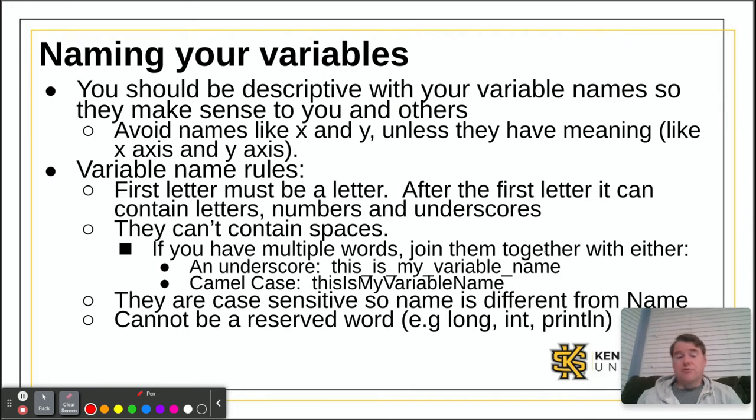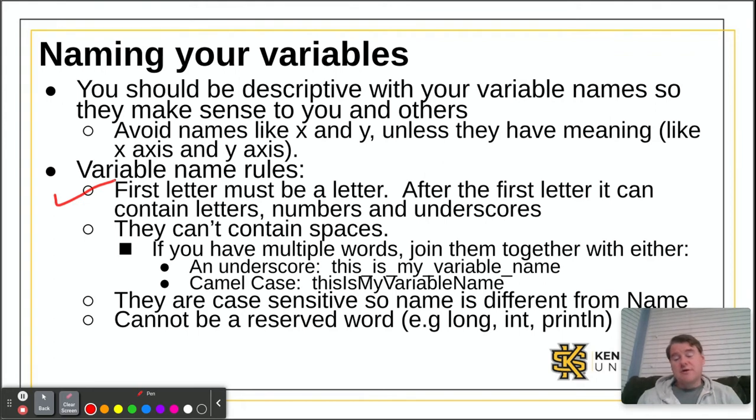So there are a couple of rules that you have to follow. The first rule is the very first letter of your variable name has to be a letter. Technically, there are two other possibilities, but they're both frowned upon. So for the purposes of this class, you should always start your variables with a letter. And what I mean by that is A, B, C, D, some letter of the alphabet.